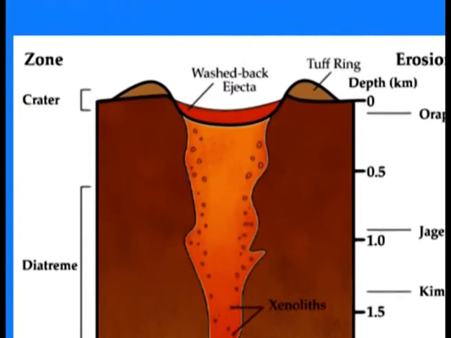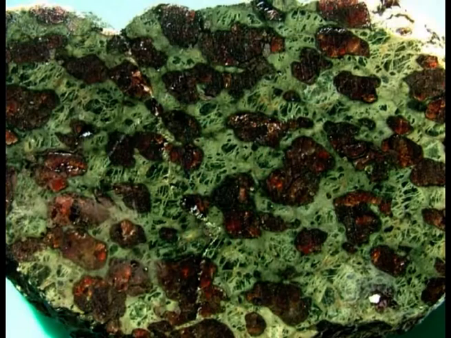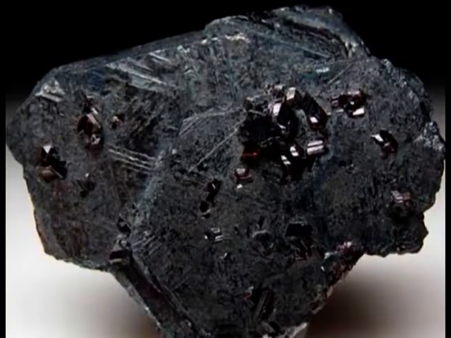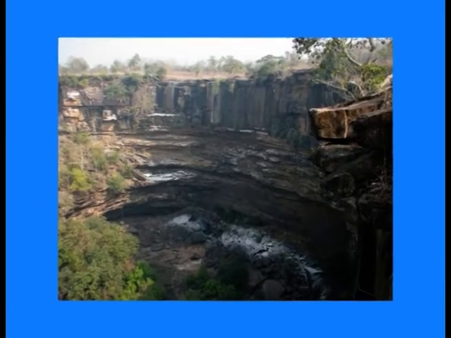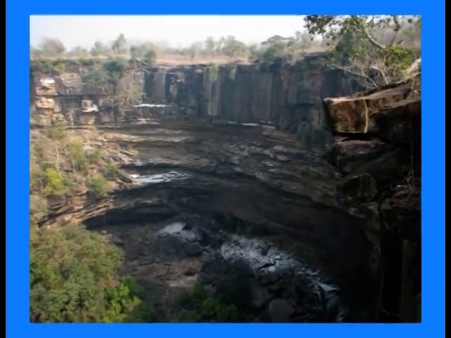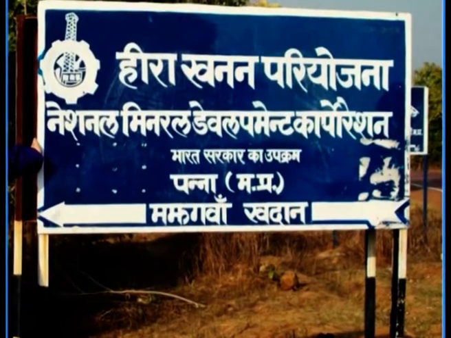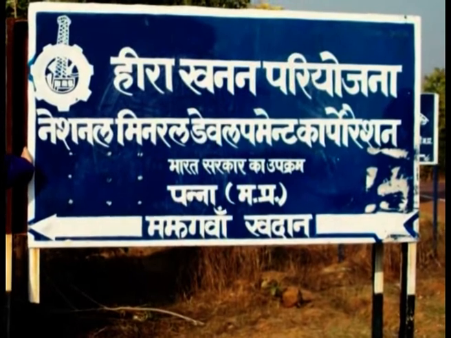Diamonds in the rock kimberlite and lamproite come under this category. All the primary diamond deposits around the world, including the one at Panna in Madhya Pradesh, are of this type.